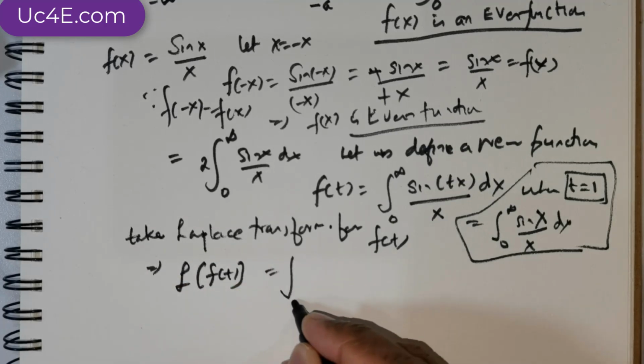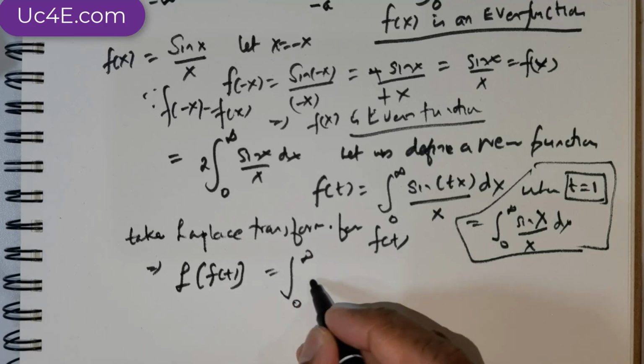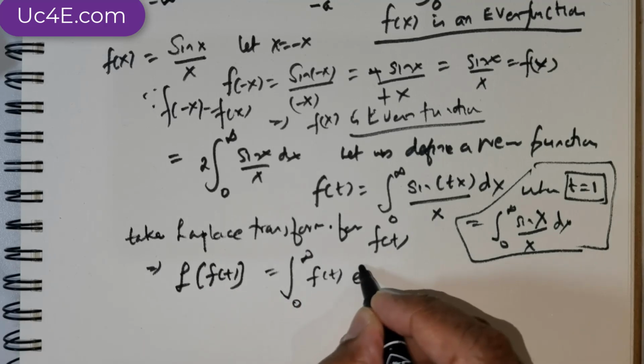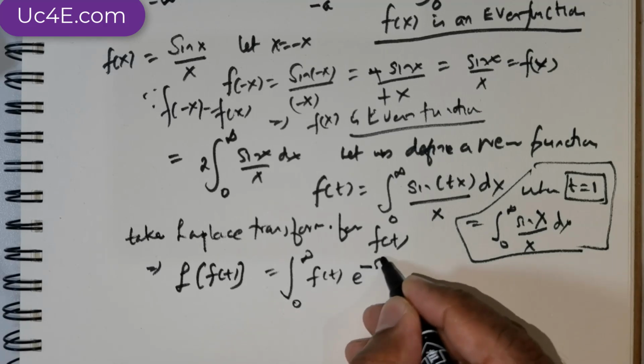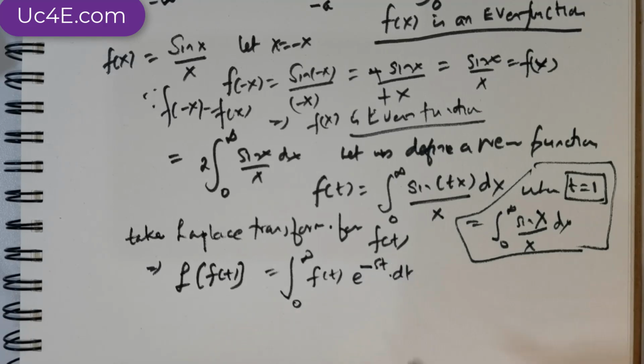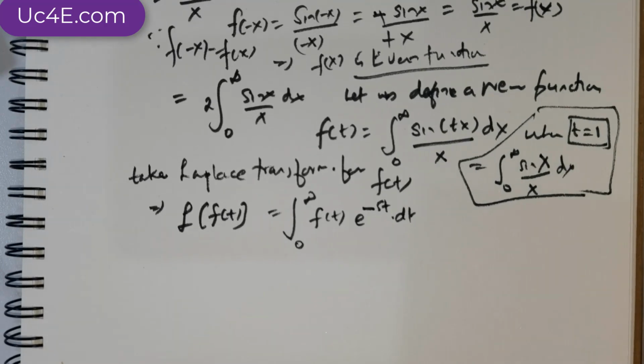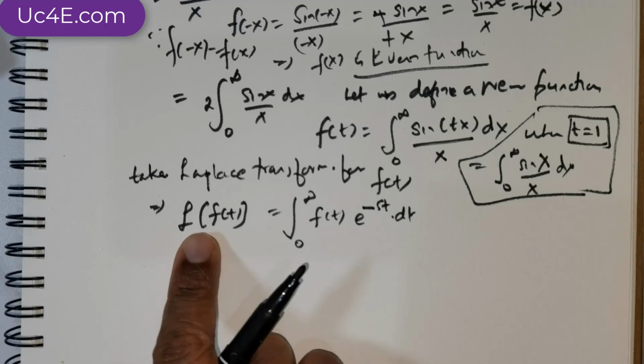It is given as the integral from 0 to infinity of the function f of t times e raised to the power of negative st times dt. I have done a lot of videos on Laplace transforms. A complete lesson is available on Laplace transforms and inverse Laplace transforms. I suggest that you go and look at that and extend your domain knowledge. So having mentioned that, let me move on. So this is the definition.